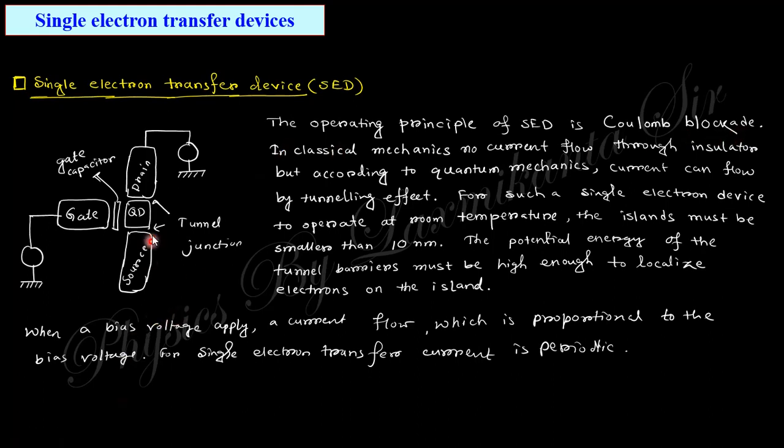In the Coulomb blockade effect, the electron cannot transfer even through tunneling. Just above the Coulomb blockade, a single electron is transferred to the quantum dot, so you can precisely control the current within the circuit. So this is a very useful thing.